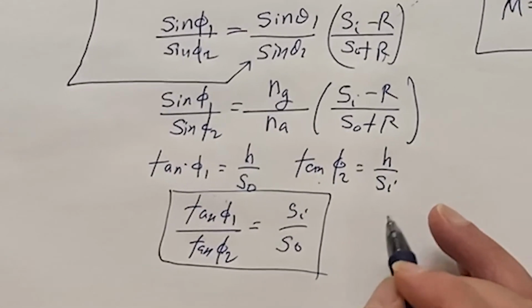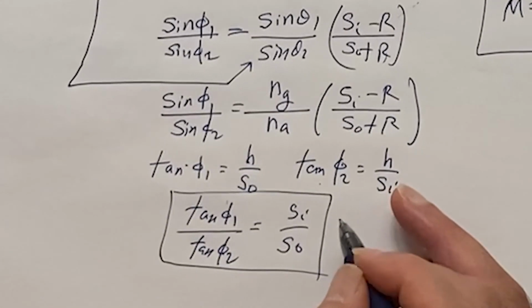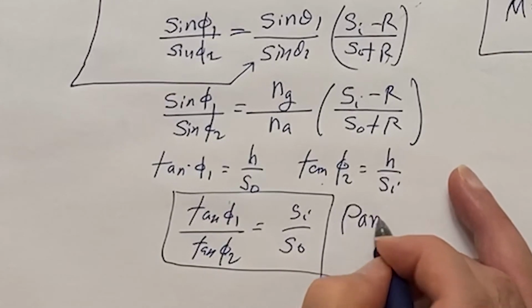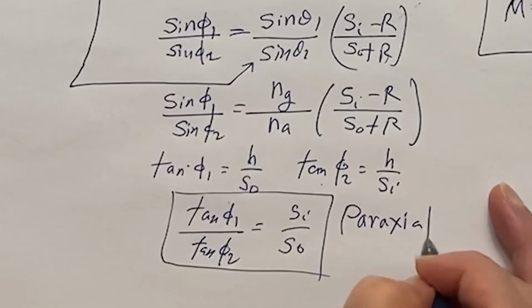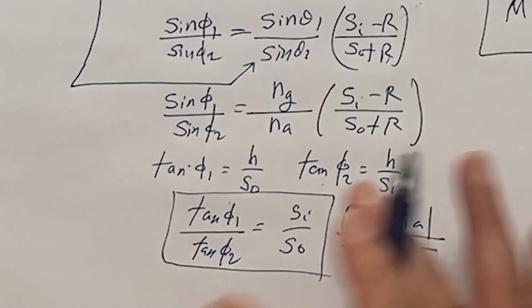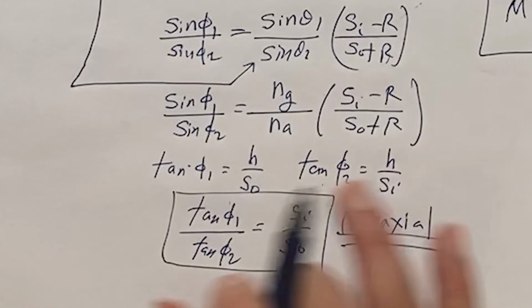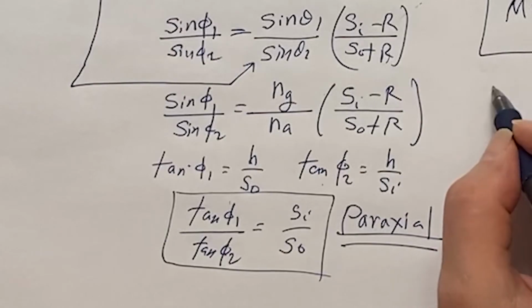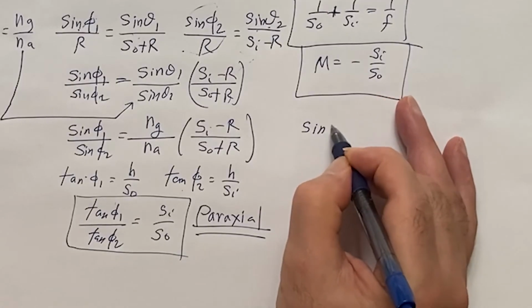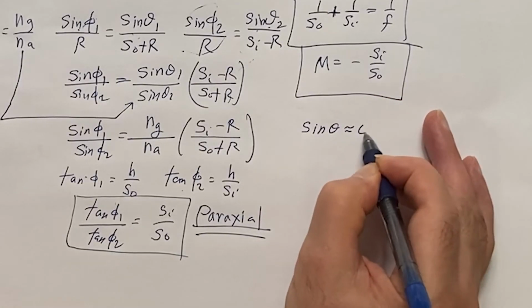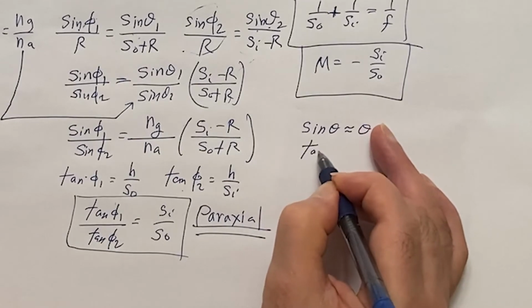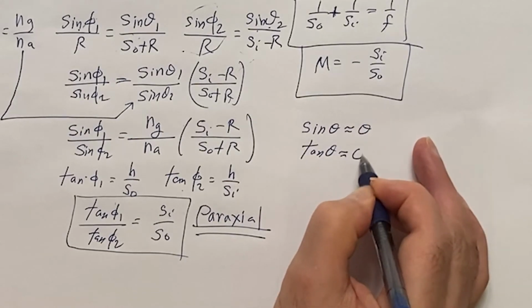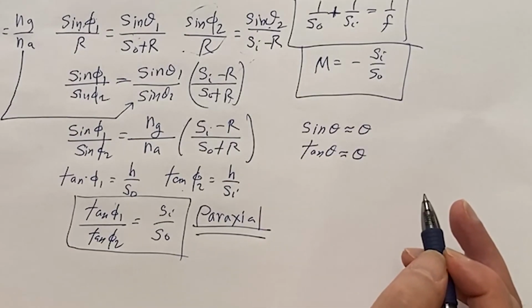Now, we make the famous approximation called the paraxial approximation. And that means that the angles are all going to be small and are going to be close to being parallel. If that's the case, we can use the famous result that the sine of theta is approximately theta and the tangent of theta is approximately theta.